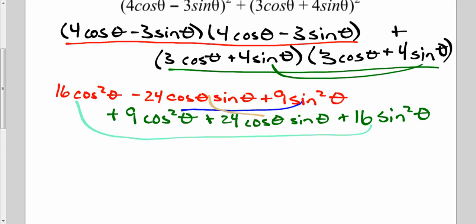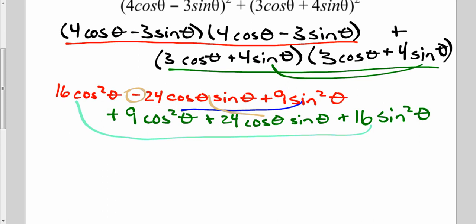So this is all commutative property stuff, right? I can jumble the order, right? As long as I keep track of that guy, right? I have to be mindful that I'm minusing that 24 cosine theta sine theta right there, right? But other than that, I can jumble the order all I want, right, Kai?